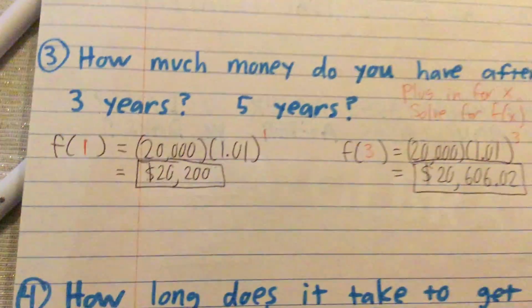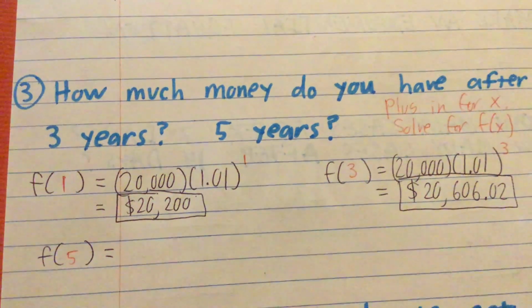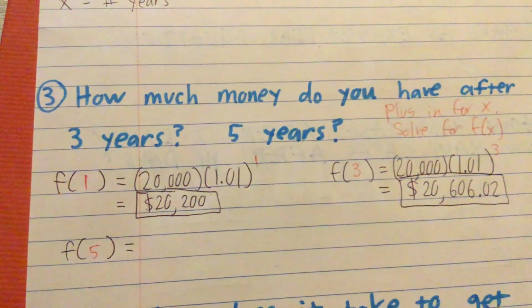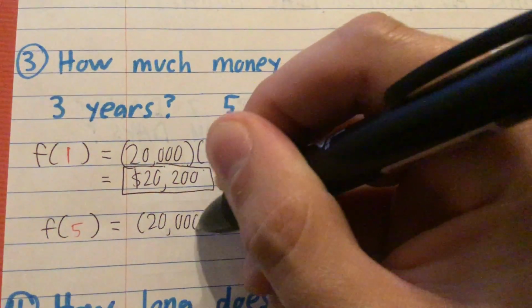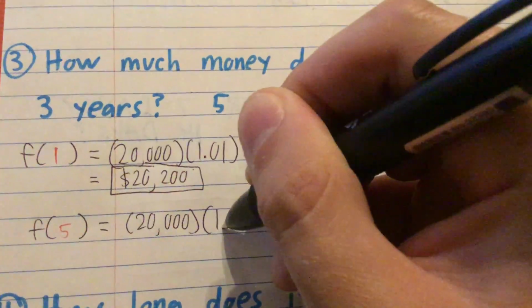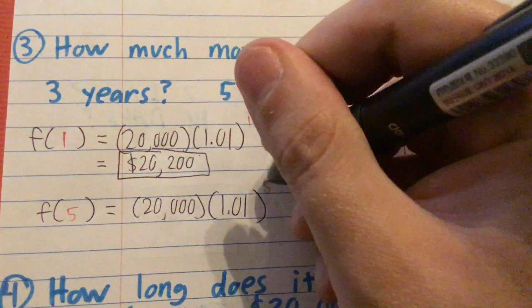Okay, so then let's calculate how much money would I have after 5 years. F of 5 is equal to 20,000. Sorry, I had to get my pen all set up. 20,000 times 1.01 to the fifth power.